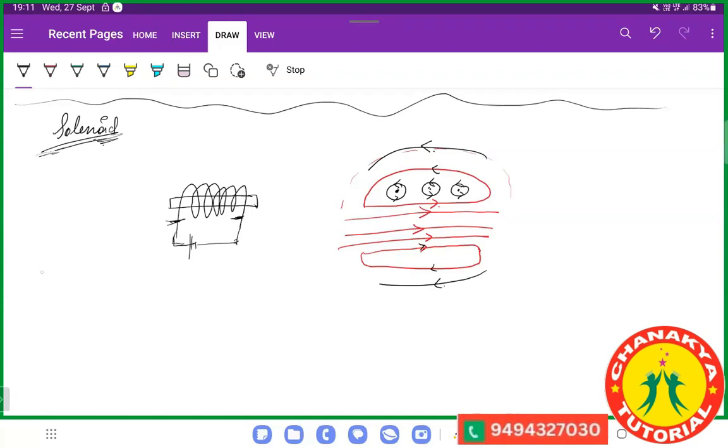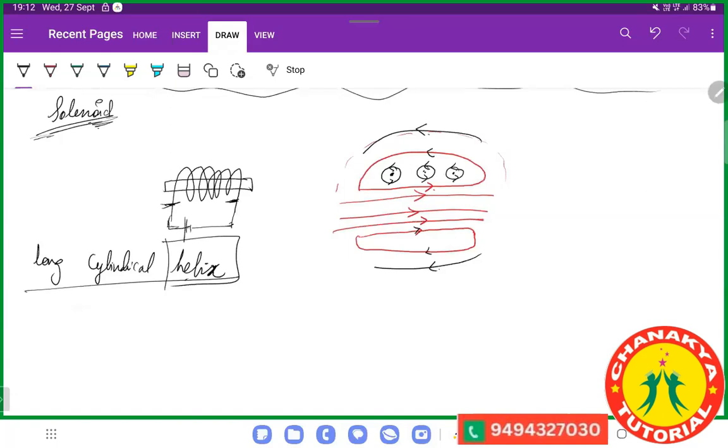So a solenoid is a long cylindrical helix. Now, what is a helix? Have you heard this word before? Helix? No, sir. Never? Okay, fine. You have not heard it, but you have seen this actually.